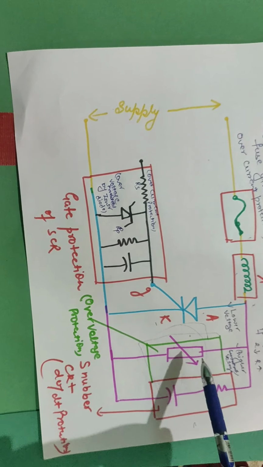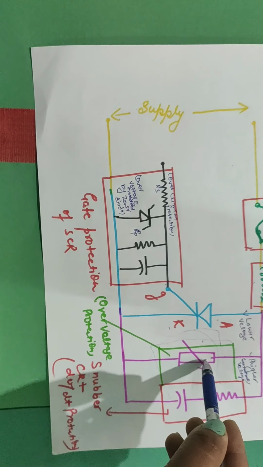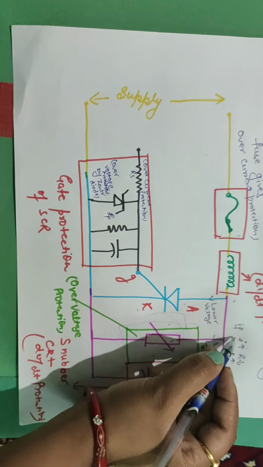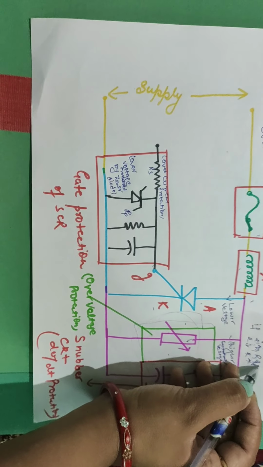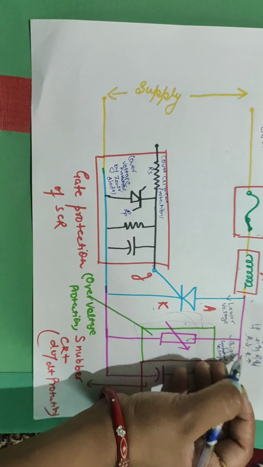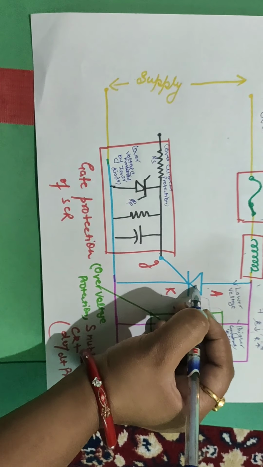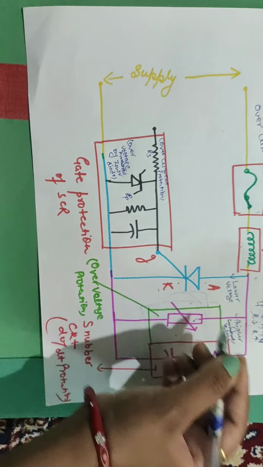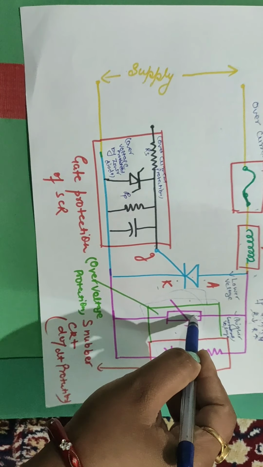This varistor, or variable resistor, works like this: when high current flows, varistor resistance will decrease; if current decreases, resistance will increase. So lower voltage is given to the SCR, and higher voltage is given to the varistor.